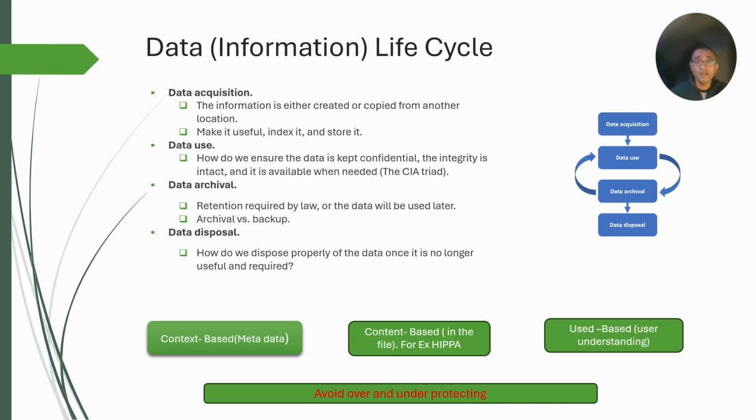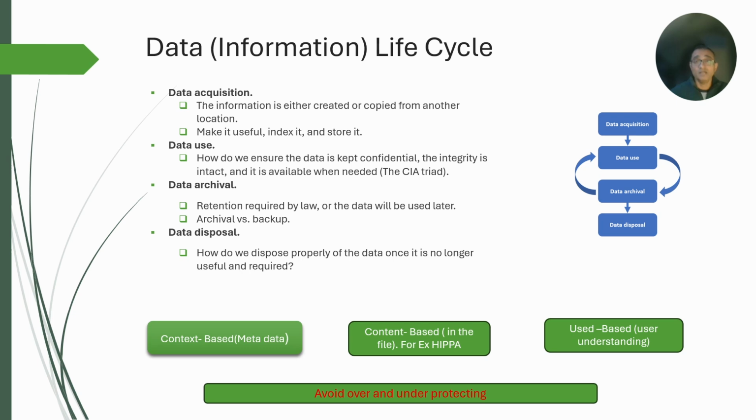Now, it is important to understand that the nature of data is also dependent on other attributes, like the context, which is dominantly information about the data, for example metadata. And what the data holds, which is about the content. So, for example, the file of a patient in a hospital, or the file of a lawyer representing someone in a legal case, and stuff like that.